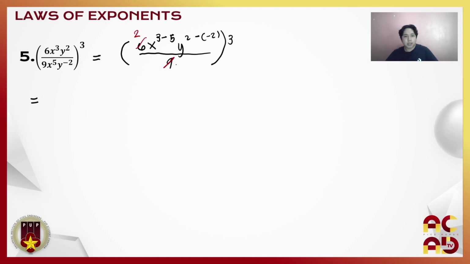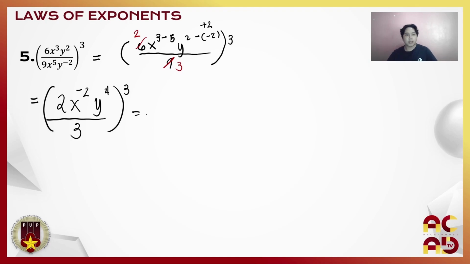Then ito, 9 divided by 3 will be 3 na. So let's simplify na. So this will be 2, x. 3 minus 5 is negative 2. Tama? Then y, yung negative, ina-times natin sa negative 2 will be positive 2. So 2 plus 2 will be 4 over 3. And then, cube natin.